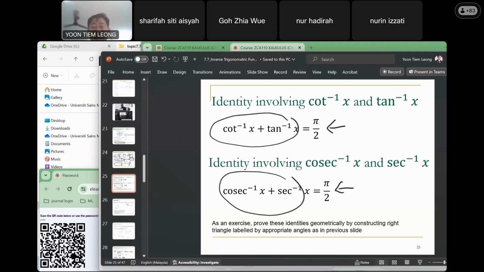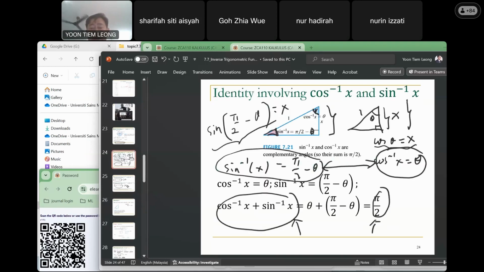So these are the identities that relate the trigonometric functions, which are very easy to remember. They are just related to each other by a constant. Now later on, we will show that these three identities could help us to simplify the derivations of derivatives involving the inverse trigonometric functions.